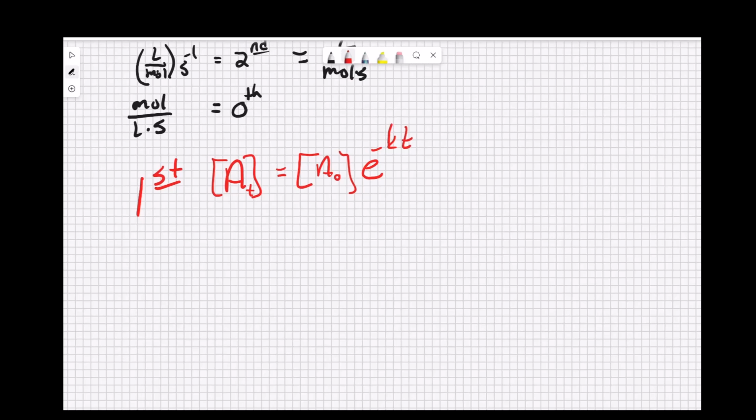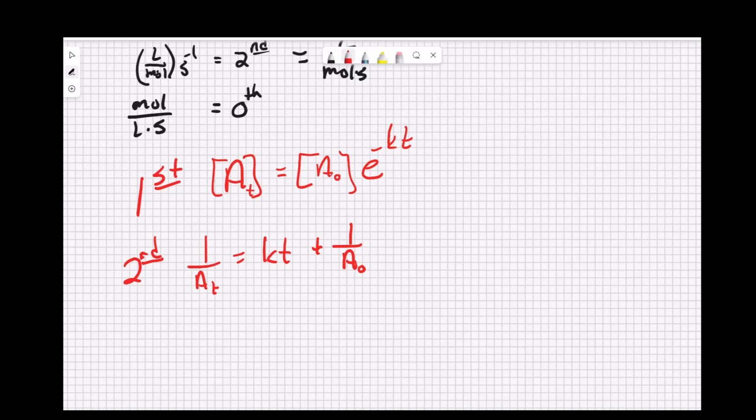And for second order, we know that 1 over the concentration of A at time t is going to be equal to kt plus 1 over the concentration at time 0. So this is where those graphs come from. I said, hey, plot those things, and the one that gives you a straight line.